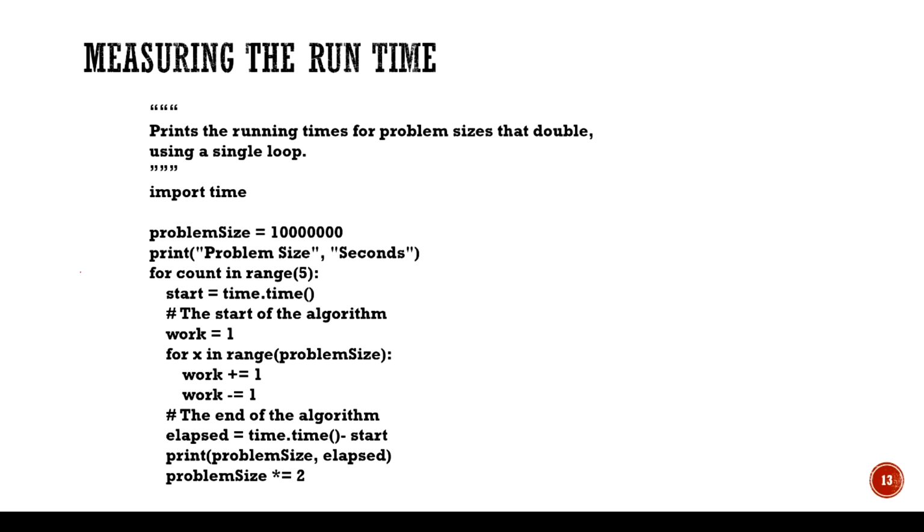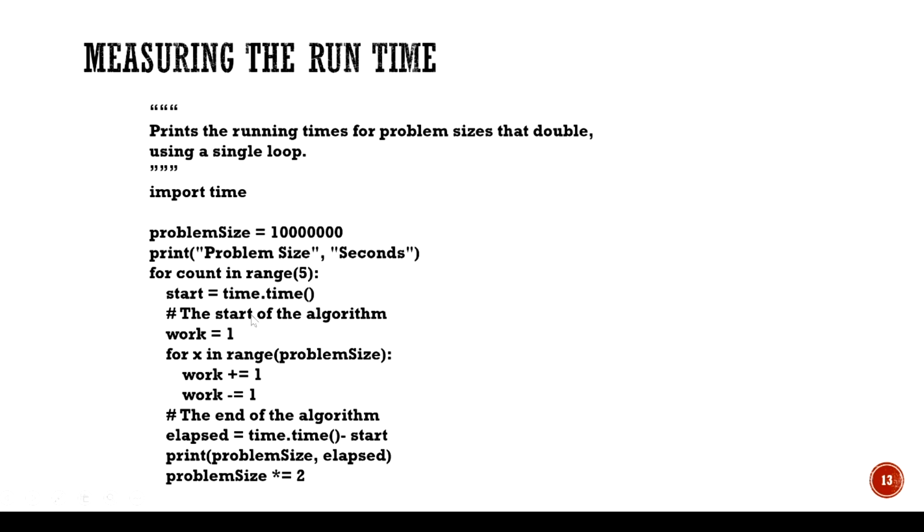Here is an example. We print the running times for problem sizes that double, using a single loop. We define a loop, double the problem size, and for each problem size we show the running time in seconds. Here we import the time module, define one variable which represents the problem size, and then a for loop.